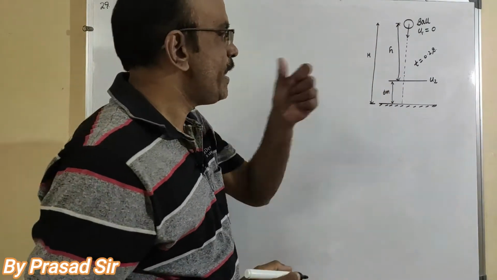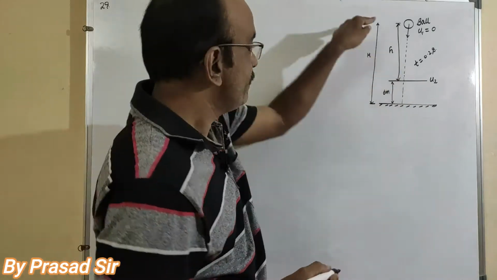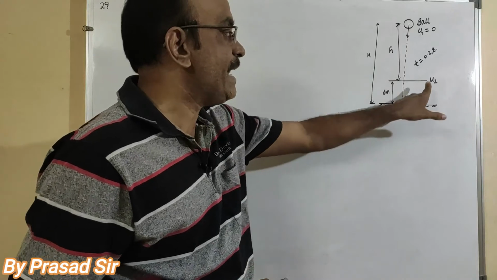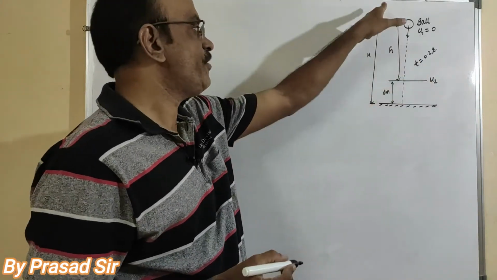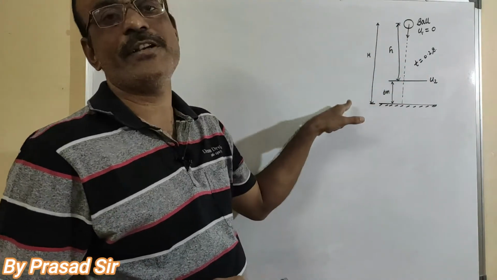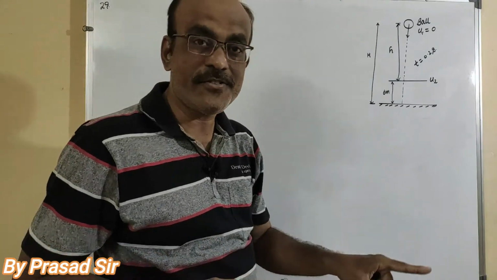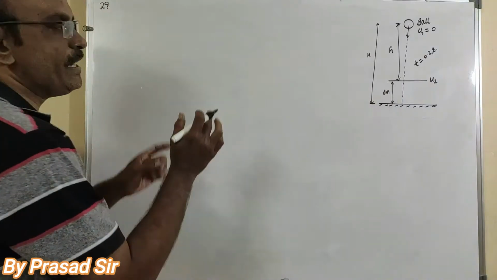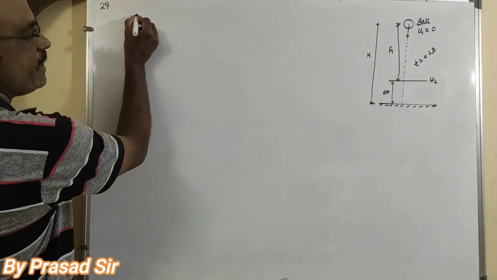So here, which one do we want to calculate? This total distance required. So first of all, we have to calculate this velocity, then afterwards this height, then afterwards the total height. So first of all, we will calculate this velocity. For that, which one is required here?